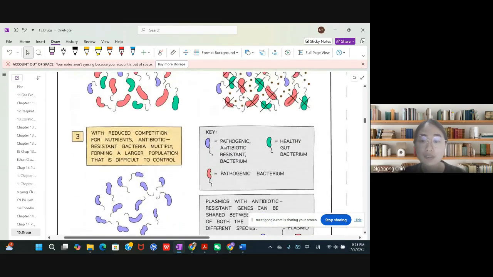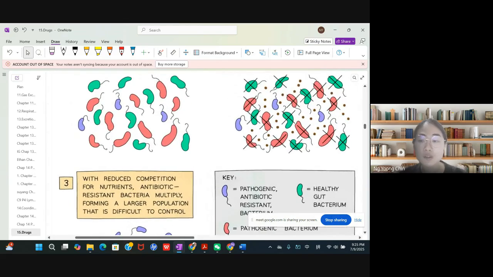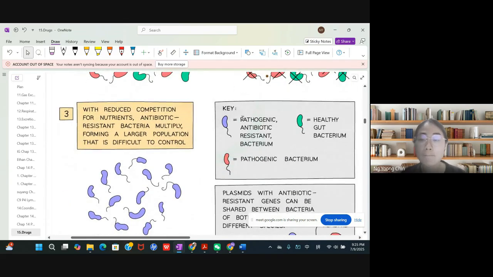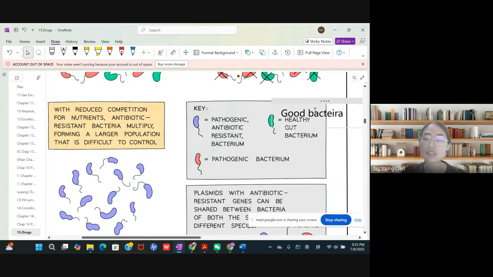It's because you can see this picture. They show a pathogenic antibiotic resistant bacterium, a pathogenic bacterium, and this one, a healthy gut bacterium. So this is a good bacteria, 好菌, and this is the 坏菌, bad bacteria. For the bad bacteria, you have two types.